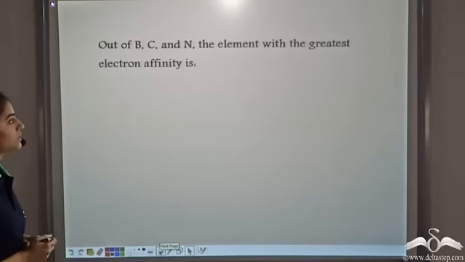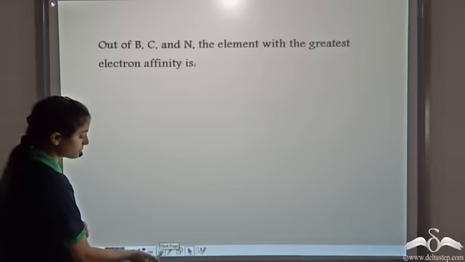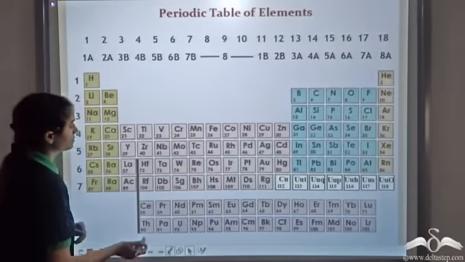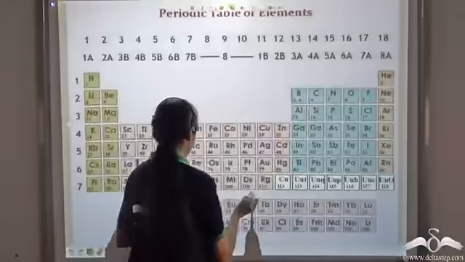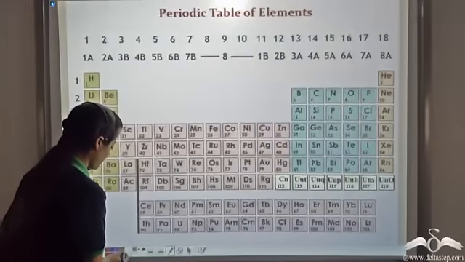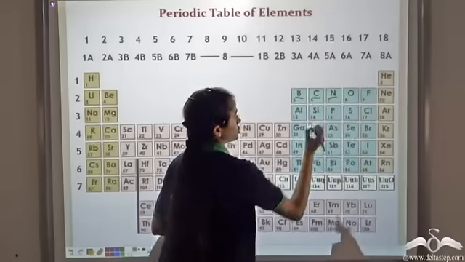So we have three elements: boron, carbon, and nitrogen. Which of the three has the greatest electron affinity? Let's locate them in the periodic table. So we have boron, we have carbon, and nitrogen.